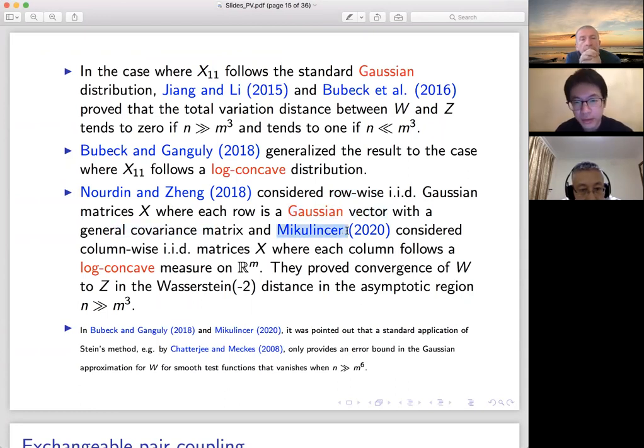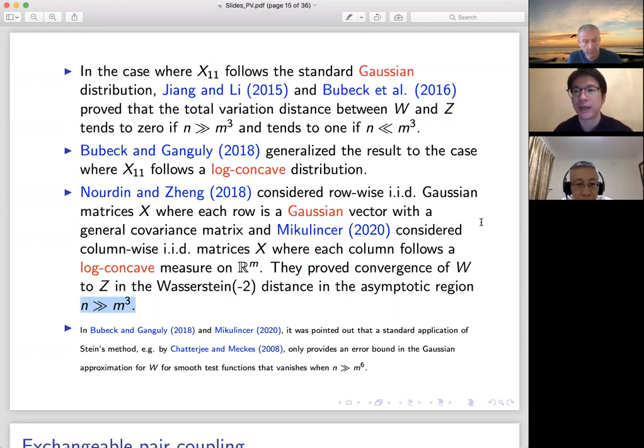And Mikulincer considered a case where the different columns are independent, but each column of X can follow a general log concave measure on Rm. They proved their result for Wasserstein 1 or Wasserstein 2 distance and found the same critical relation between n and m cubed.